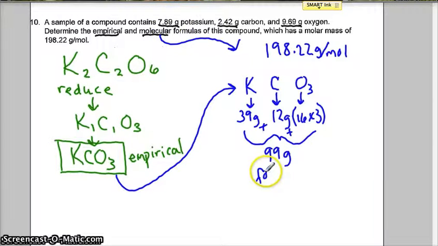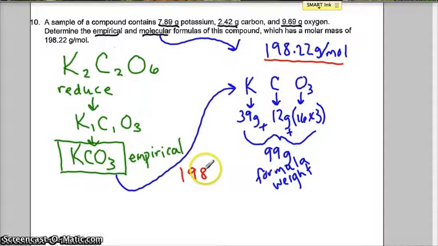That's what we have in our empirical formula. And I don't know if I've said this before, but the empirical formula is your most simple form of the formula. Molecular formula will actually tell you how many molecules are in the sample, or in the actual molecule itself.